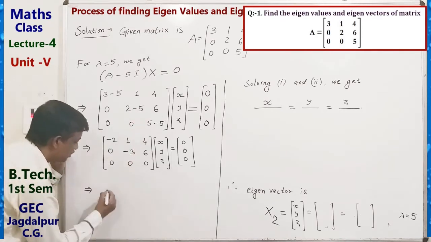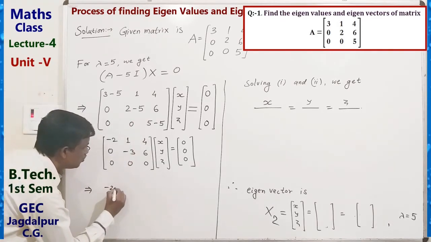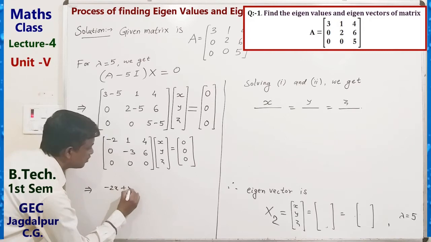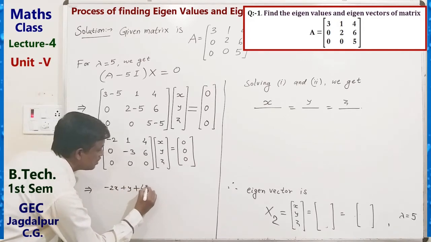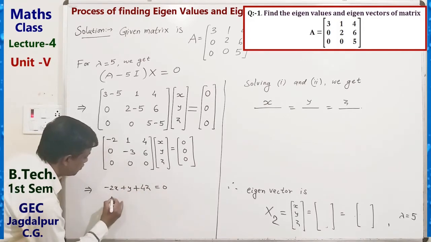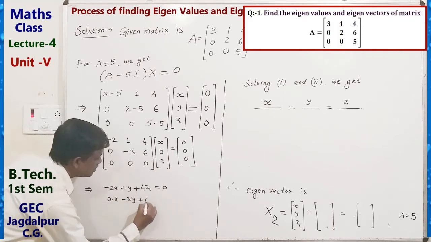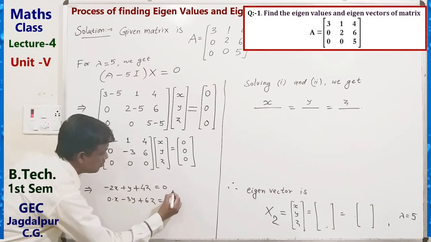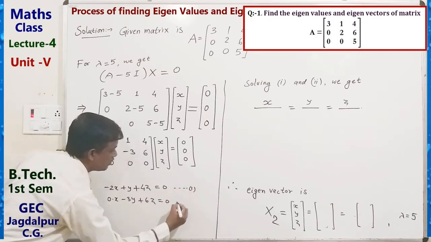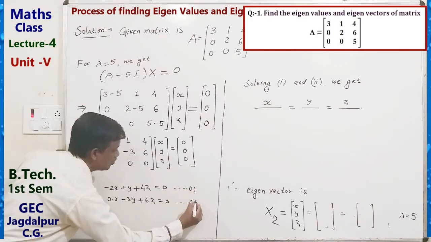We are using the cross multiplication method. So write equation 2x plus y plus 4z equals 0, and 0 into x minus 3y plus 6z equals 0. So this is equation 1. This is equation 2.